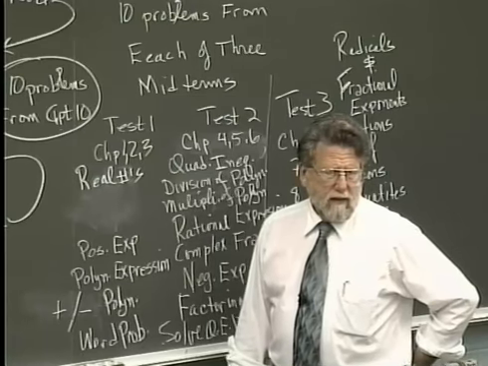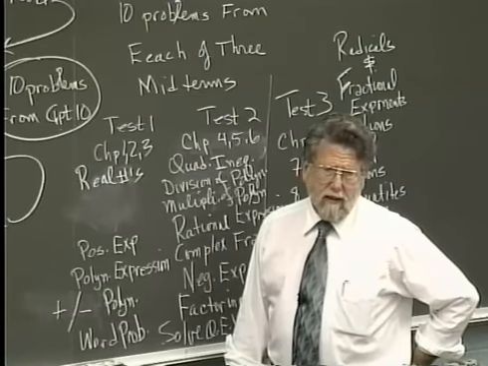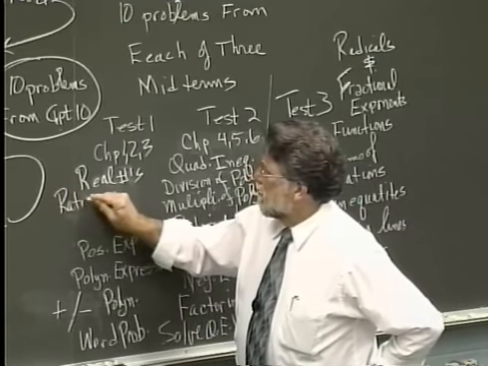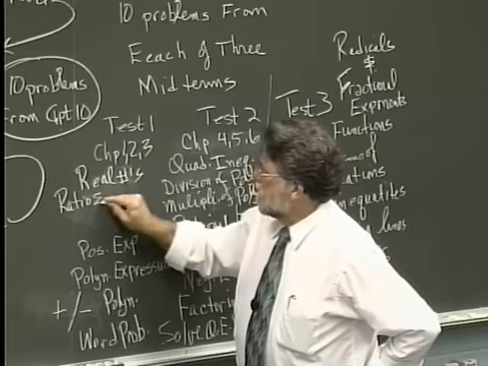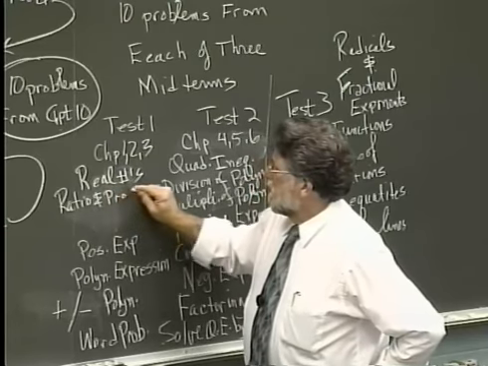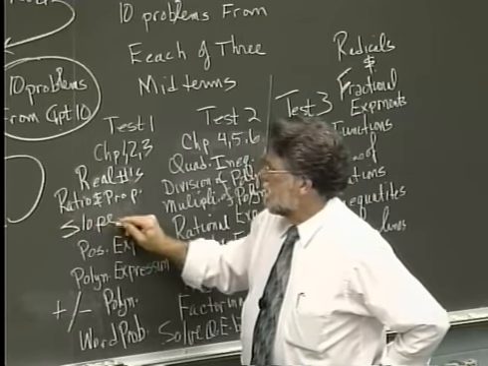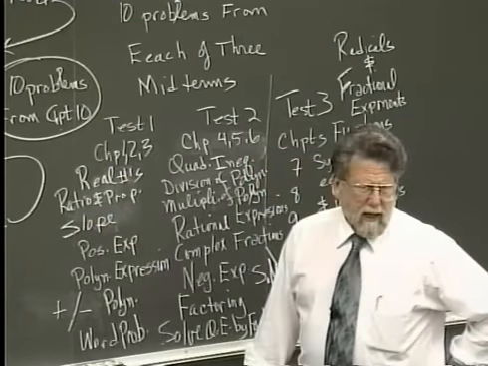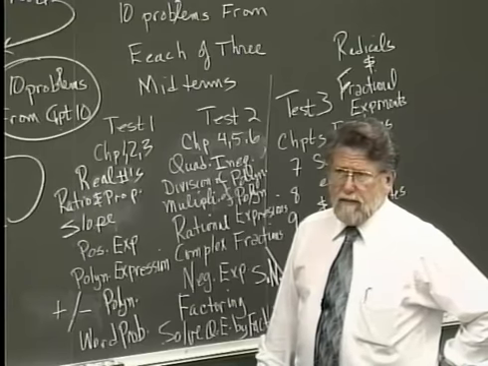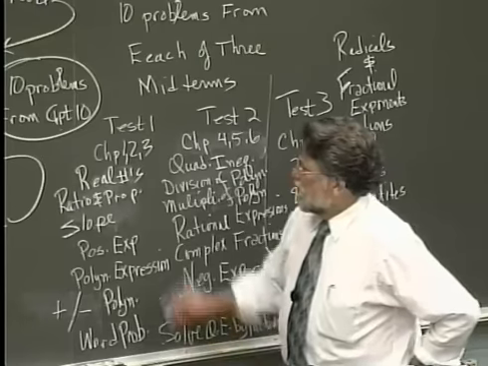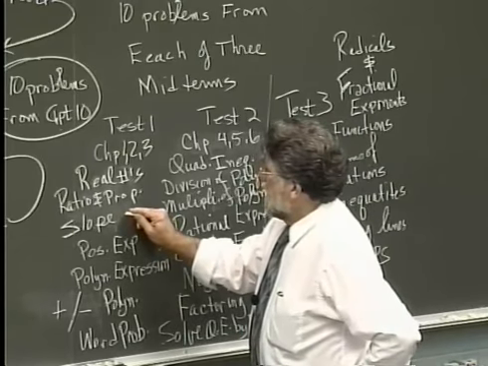Finding slopes. This is in 1, 2, and 3? Ratios. Proportions. So ratio and proportion, slope of a line, and I introduced at that time the slope-intercept idea, although it was presented later. So slope.